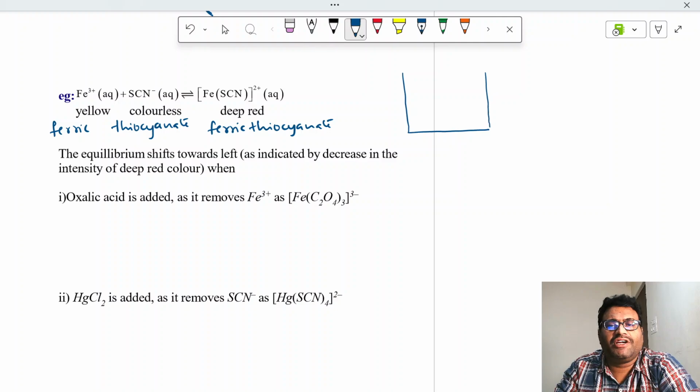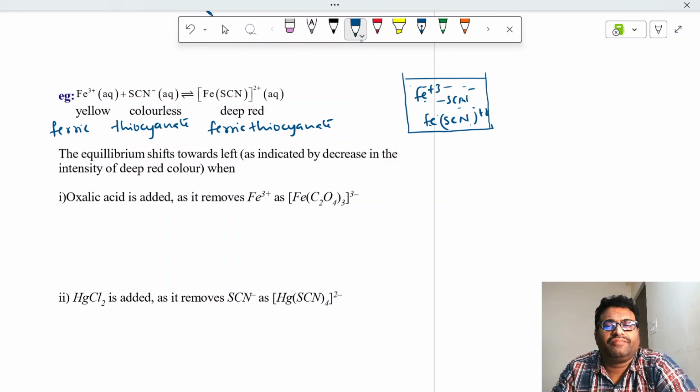If you see here, this is an aqueous container. In this, what is present? Fe+3 is present, SCN- is present, and FeSCN+2 is also present. All three are present. This is in equilibrium, a reversible reaction, right?